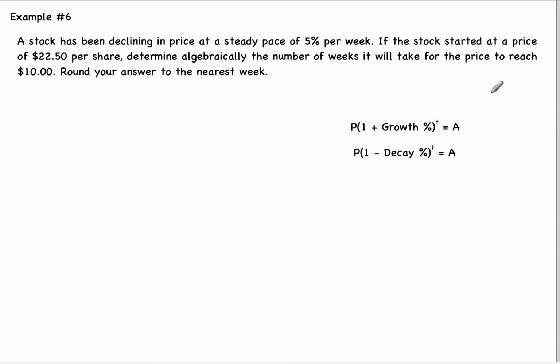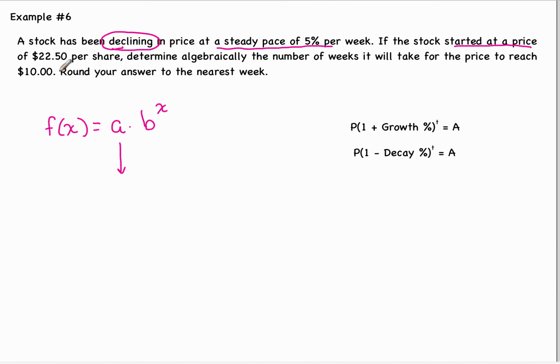And the last one obviously is going to be a declining one. So again, I know that exponential functions are in this form. We learned in last chapter that A represents my starting point. So let's see, stock has been declining at a steady pace of 5%.